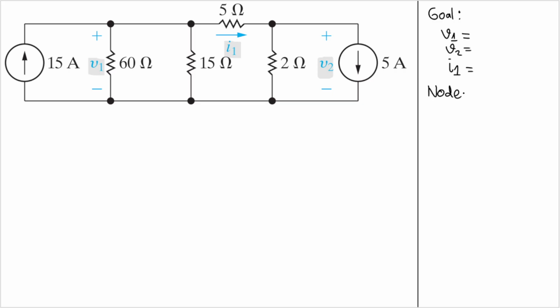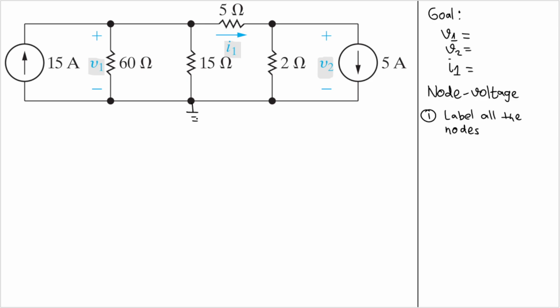Okay, node voltage method, and we will explain it step by step. So the first step that we need to do is to label all the nodes. Let's start with our reference node, which is usually the bottommost node here.